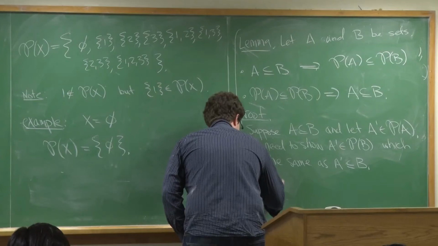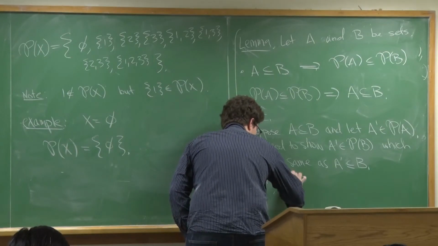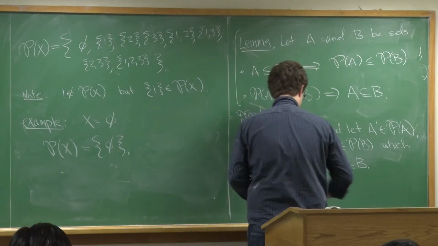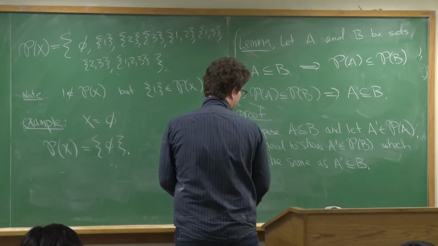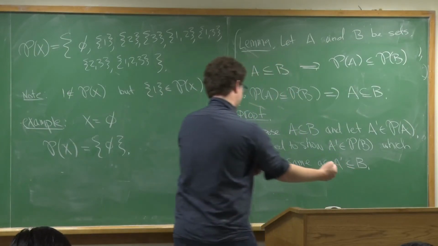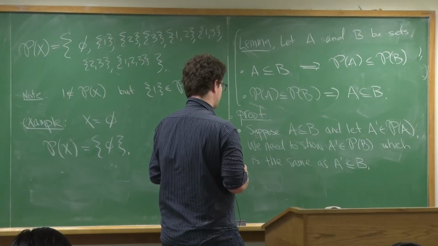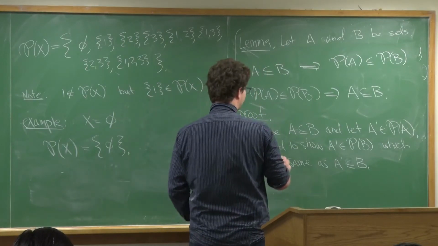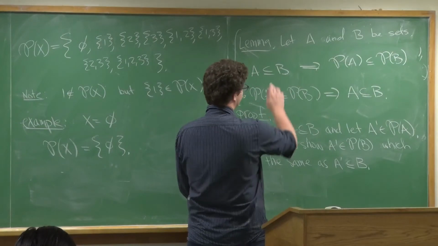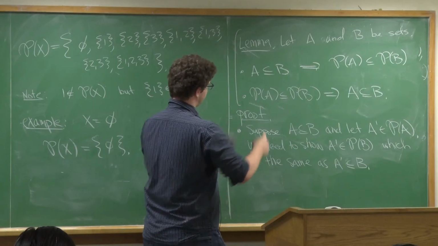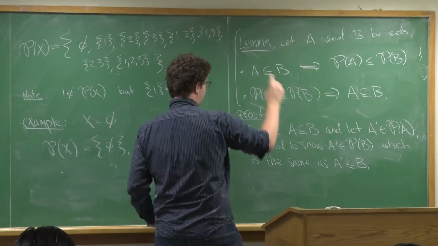So we're given this, and we're given this, right? We're doing this one. It's almost a tautology, right? So we're given a subset A prime.